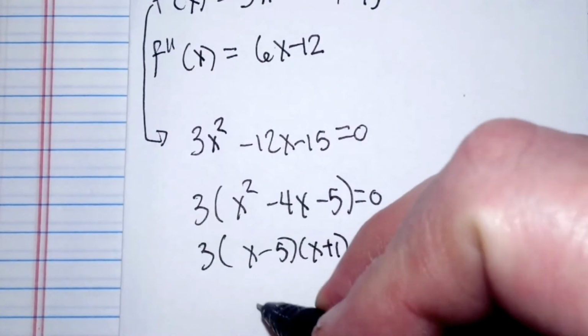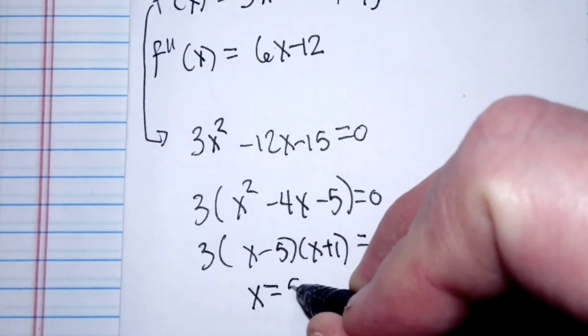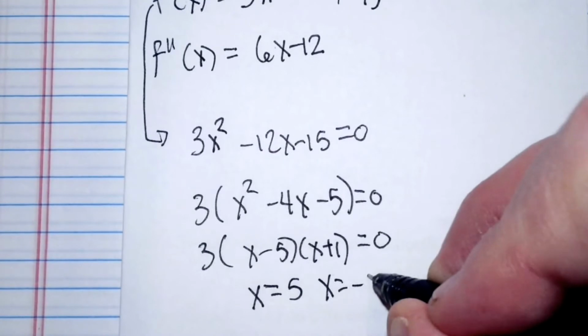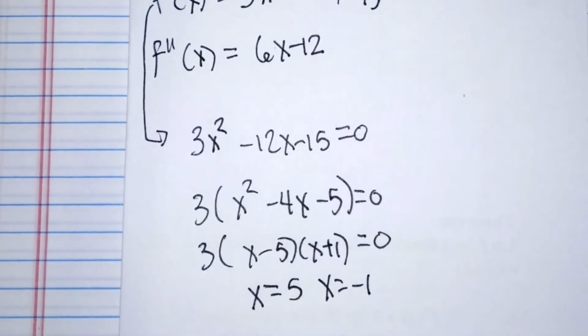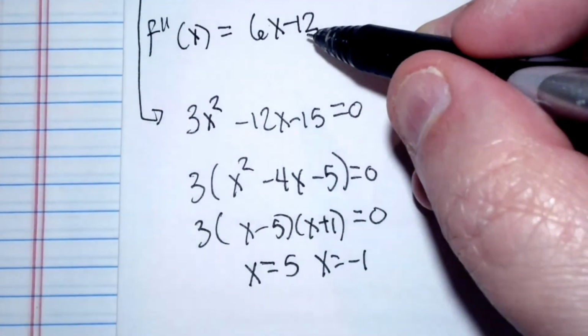There are two critical numbers then, x equals 5 and x equals negative 1. So what the second derivative test tells us to do is to substitute these values into the second derivative and observe the sign. Here's our second derivative.